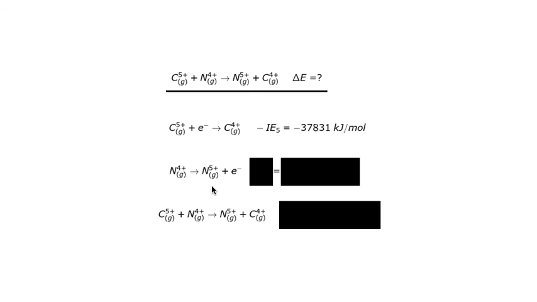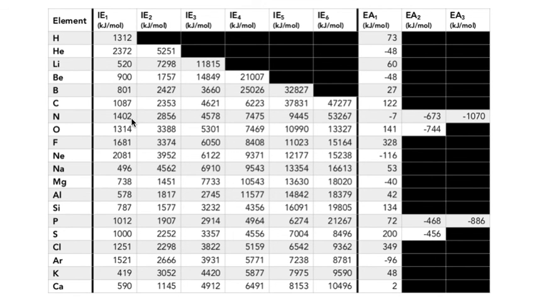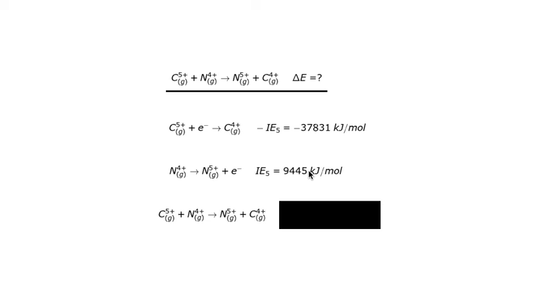So this is the 5th ionization energy associated with nitrogen. And so we can simply look up that value for nitrogen, 1, 2, 3, 4, 5, and that's 9,445. And that's, of course, a positive value because, as it's written, we're breaking that bond.